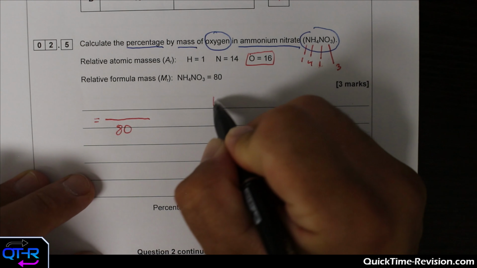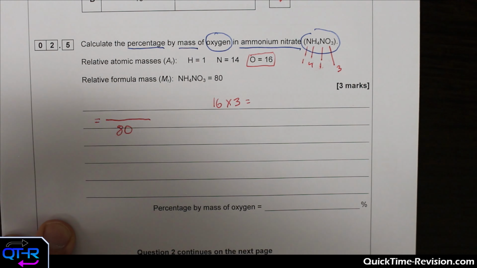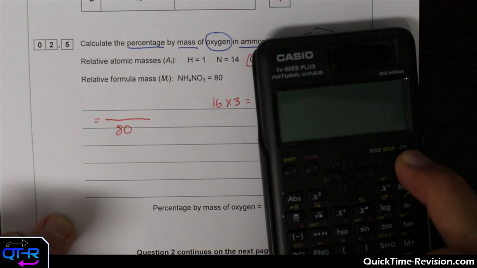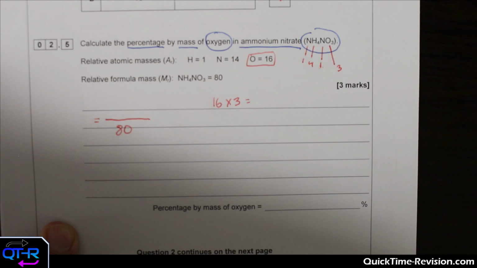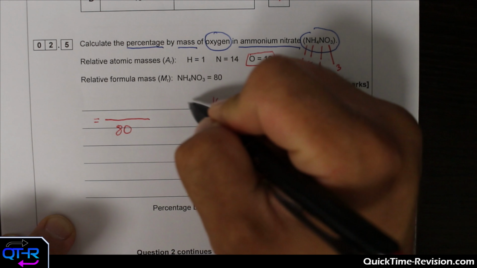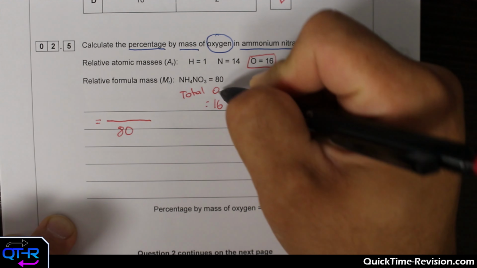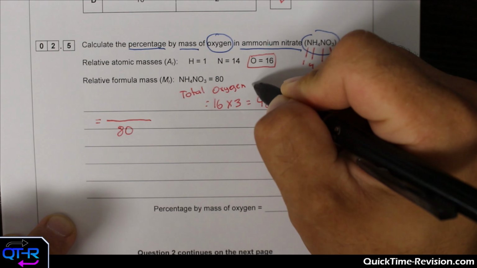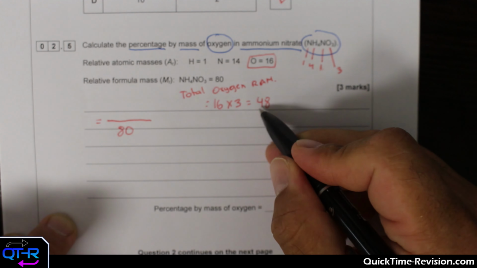So we're going to do 16 times 3. And just to be sure, I'm going to type it in the calculator. So 16 times 3, 48. Okay, so in total, the total oxygen relative atomic mass is 48.